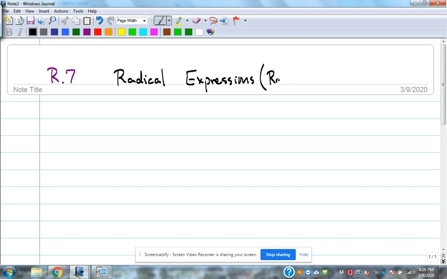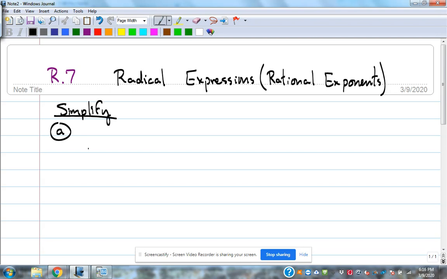But what we're gonna do is we're gonna look at them as rational exponents because that's what we just did, what we already know how to do. So we're going to take our radical expressions and think about them as rational exponents. And I'm going to show you how to make that happen. So we'll start with an example, and the instructions will be simplified just like they were in the previous lesson there.